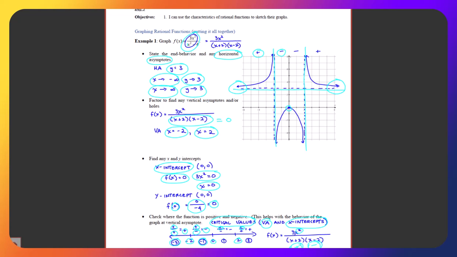Between 0 and 2, I just picked 1 as a test point. And so if I plug in 1 in the denominator, I get a positive, and 1 minus 2 is a negative, so that's still negative. And so between 0 and 2, that's still negative. And last but not least, to the right of 2, the last vertical asymptote, I plugged in 3, and everything's positive, so it's positive, the last region.